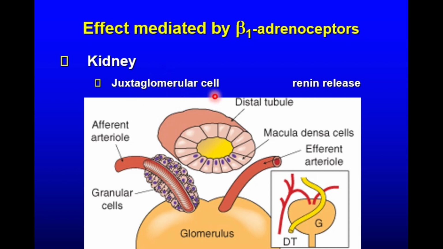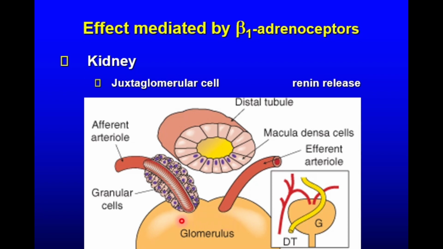The juxtaglomerular cells are specialized cells in the afferent arterioles in the kidney. The juxtaglomerular apparatus is important in controlling blood flow to the nephron and the glomerular filtration rate.